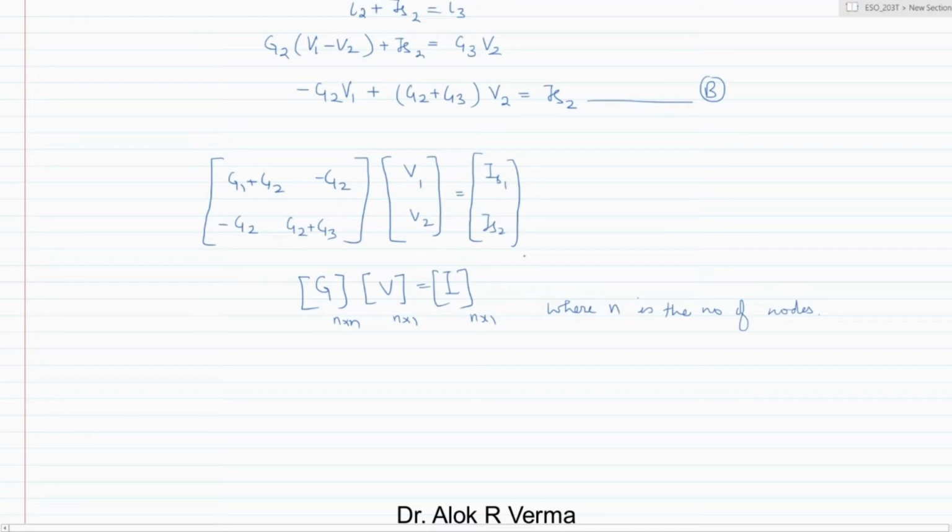So other voltages are not known, but the voltage at the reference node is already assumed as 0. So n is the number of nodes leaving the reference node. Okay, so this is the conductance matrix.